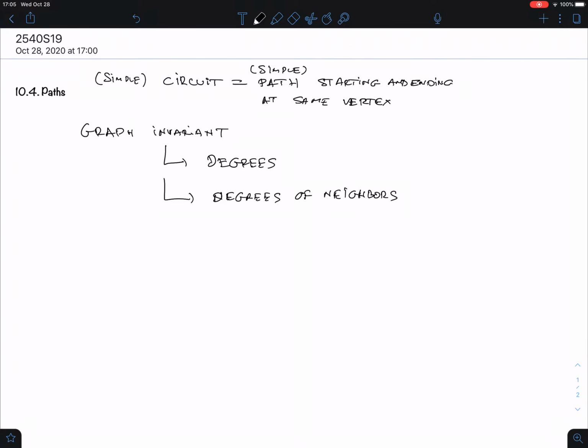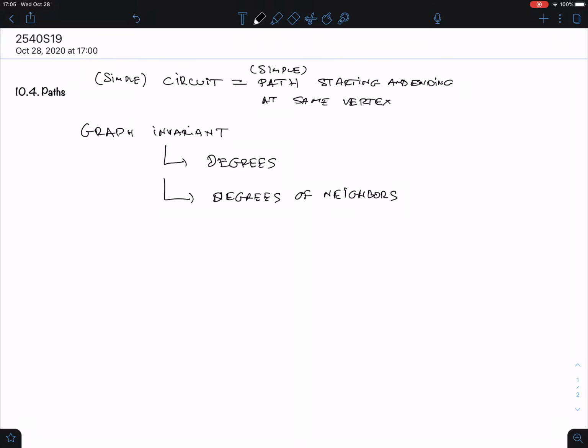In the sense that if you have a vertex of a certain degree and its neighbors have certain degrees, three neighbors of degree 2 and 5 neighbors of degree 3, say, then in the other graph, if it wants to be isomorphic, you have to find the same situation. Otherwise, they cannot be isomorphic. Or put differently, the degree set of a vertex's neighbors must be preserved in the isomorphism. Remember that it's a renumbering or renaming, or if you want, a function or a one-to-one correspondence between the vertices in the one graph and the vertices in the other graph.